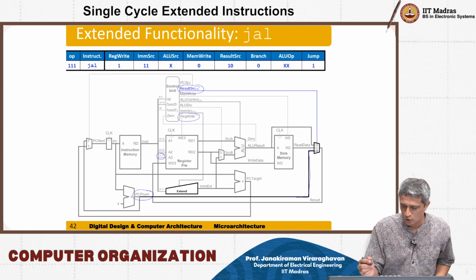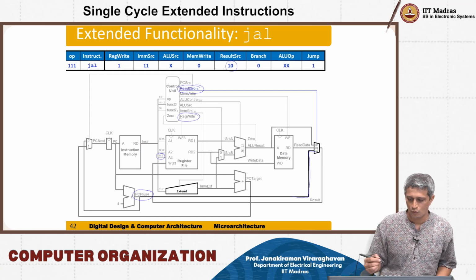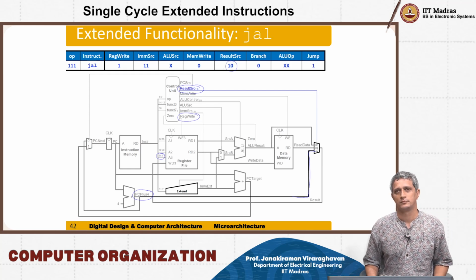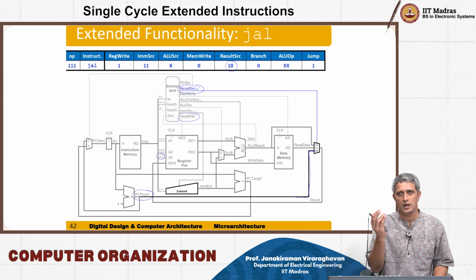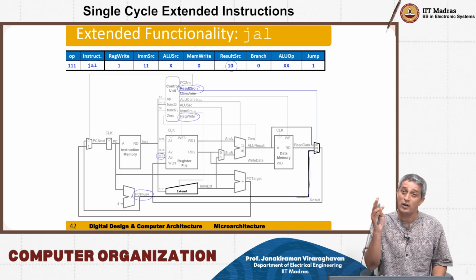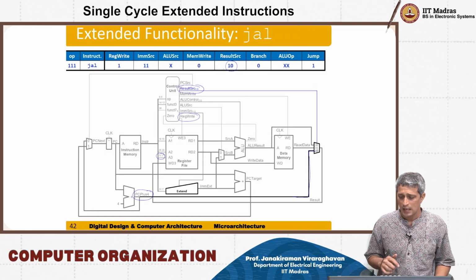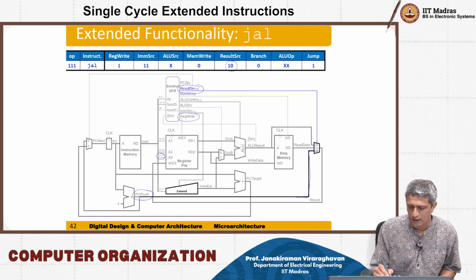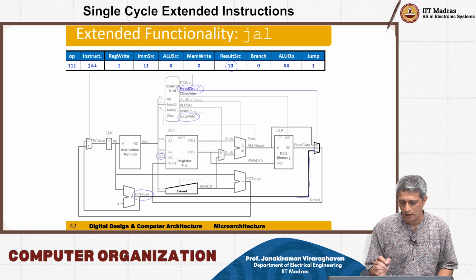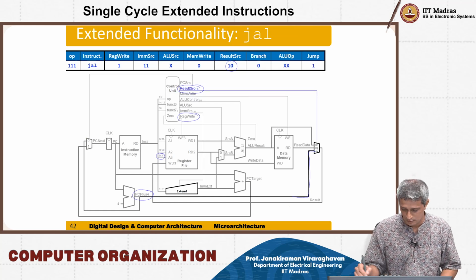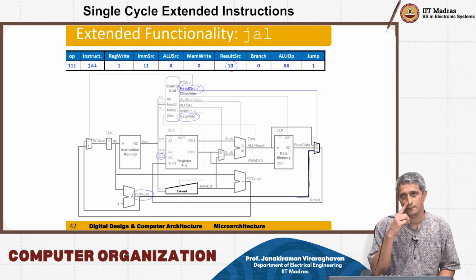And result source has therefore become some 1 0. So earlier it was 0 1, now we made it 0 0, 0 1, 1 0. And of course, apart from that, my register write is going to be 1 because I need to write that data back into the destination register, which is PC plus 4.